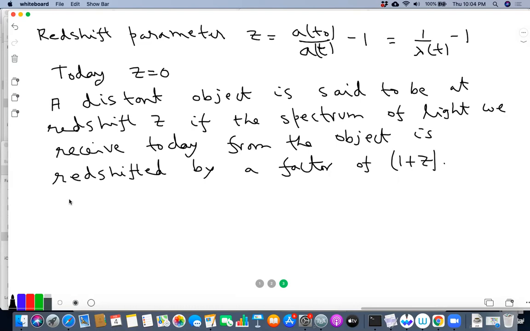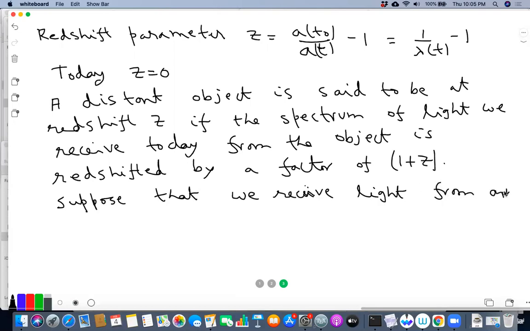Now let's go back to the formula that we derived yesterday. Let's suppose that we receive light from an object at r = R1, and we are at 0, 0, 0.